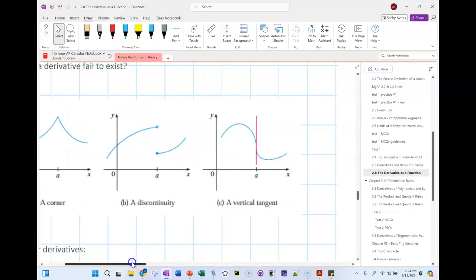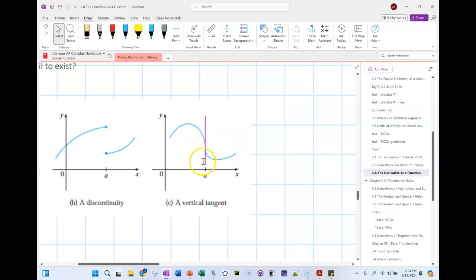The one we haven't talked about yet is if we have a vertical tangent, right? What's the slope of a vertical line? Does not exist, right? It's infinite. If we have a derivative there, the derivative has infinite slope, we'll say that derivative does not exist. Everybody's okay? What's a kind of function you've seen that has a vertical tangent in it?